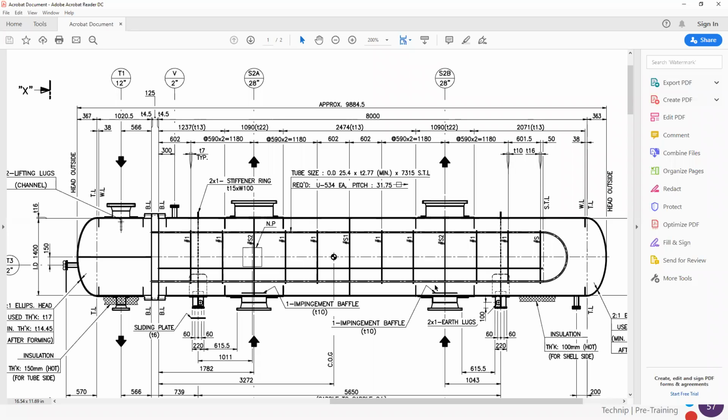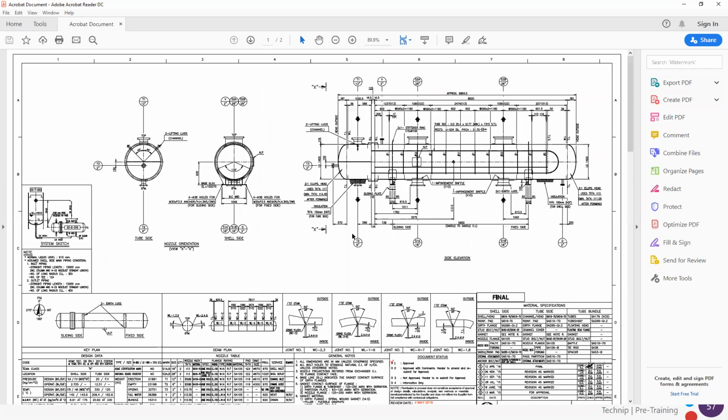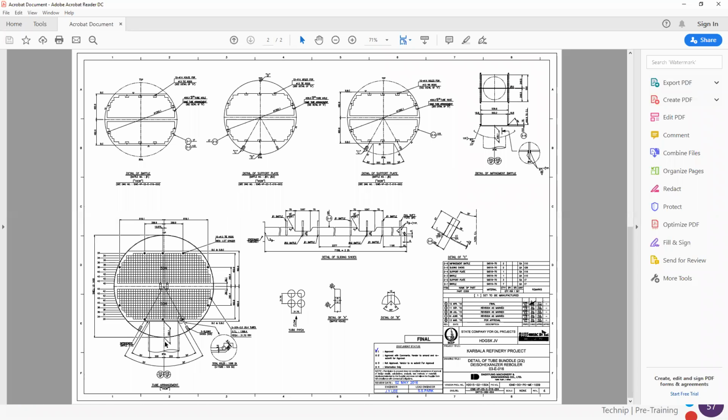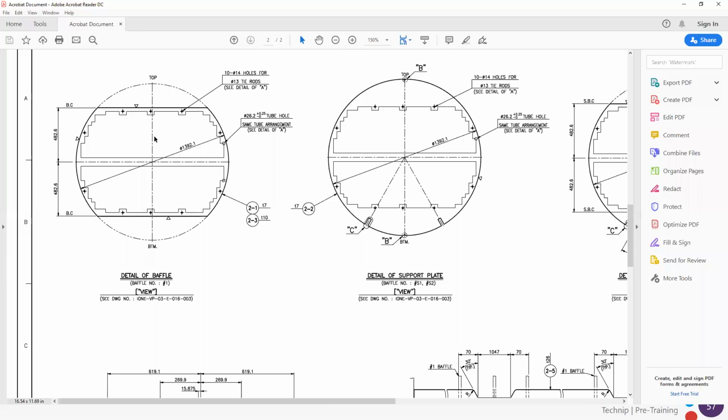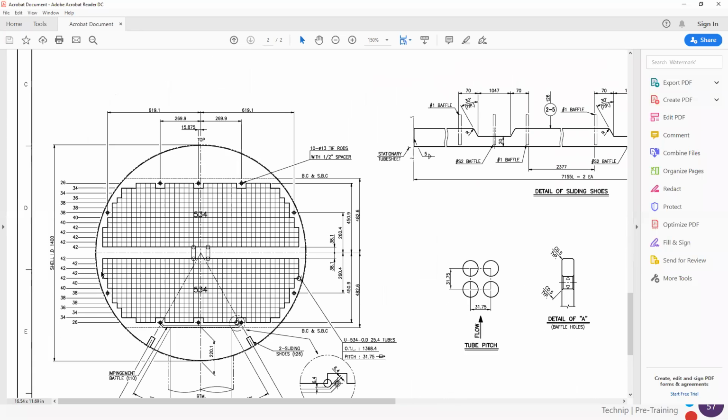We see here we have the impingement baffle. And in the next page, we have the detail of the supports. These types of supports are cut like this so that they cover all the tube bundle, so all the tubes are supported by these supports.